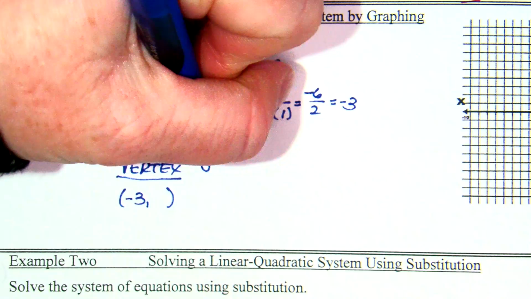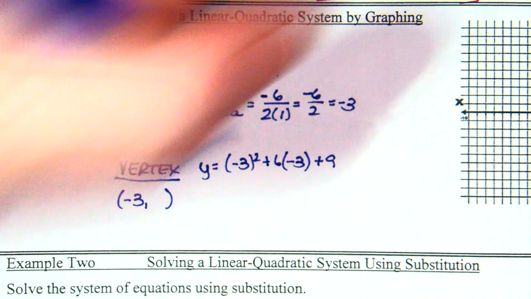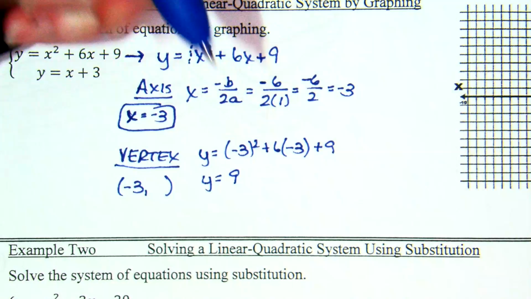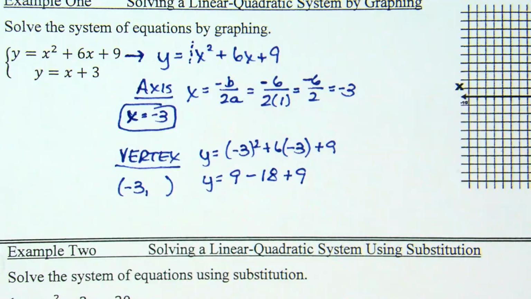We put it in. And so, negative 3 squared plus 6 times negative 3 plus 9. Negative 3 squared is 9, minus 18 plus 9.